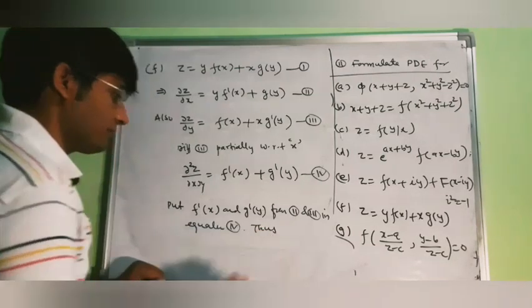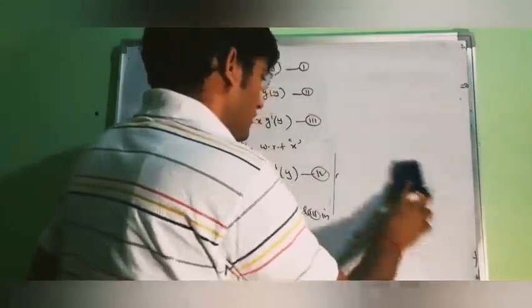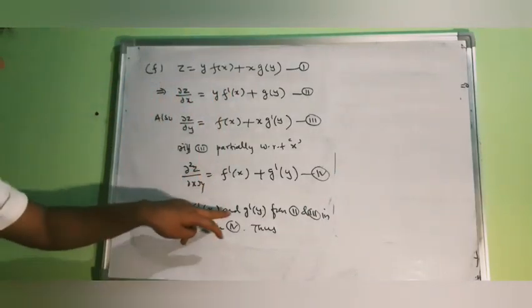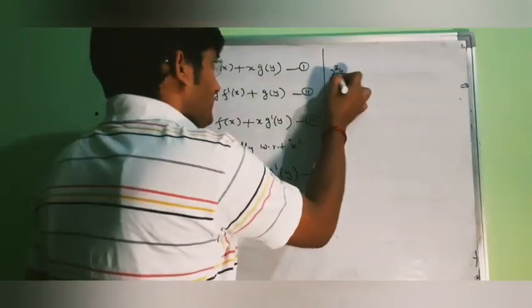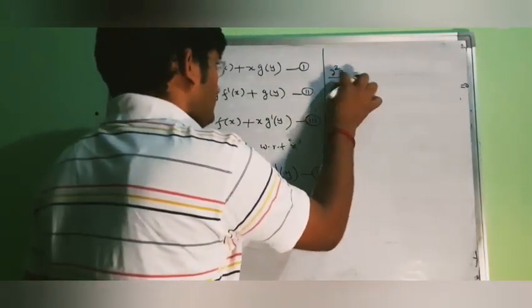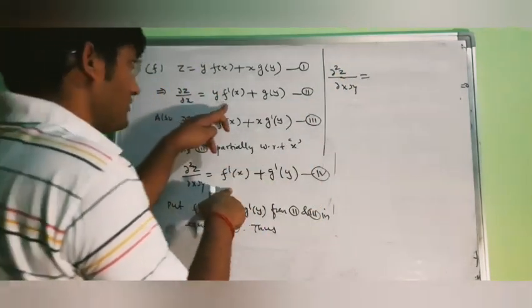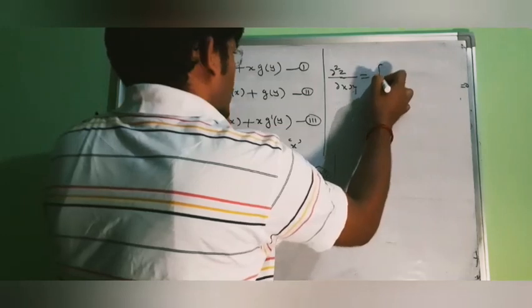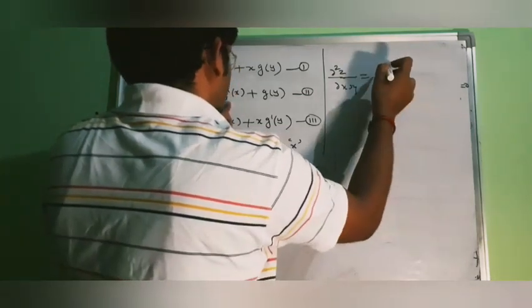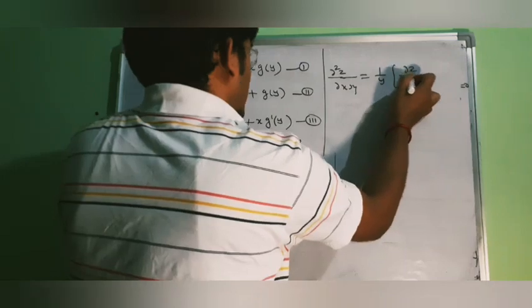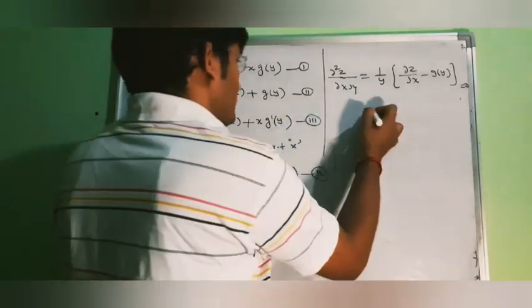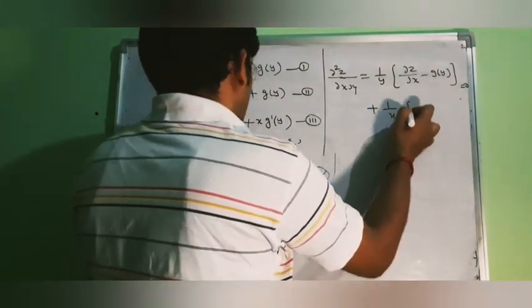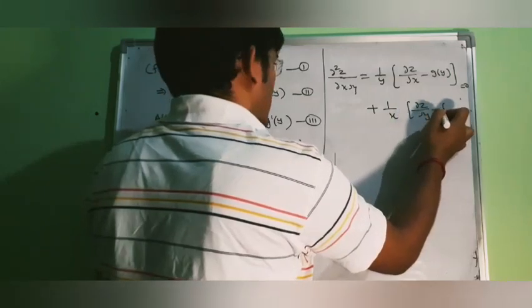So on putting the value of f dash x and g dash y from 2 and 3 in equation 4, we get del 2 z upon del x del y is equal to, now your f dash x will be 1 upon y, del z upon del x minus gy, and then we have g dash y, and this g dash y will be 1 by x del z upon del y minus f of x.